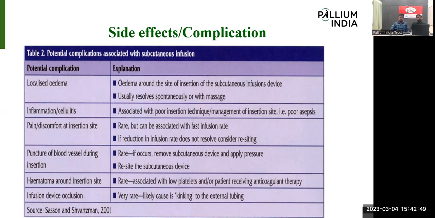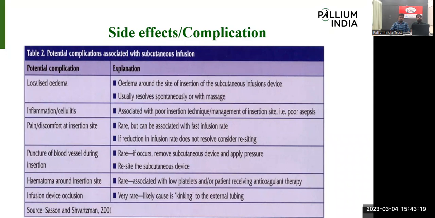Then we need to check whether there is any hematoma around the insertion site. It mainly occurs if the patient has a low platelet level, or is already under anticoagulant therapy, so there is a chance of hematoma formation around the insertion site. It's also very rare. If it happens, that reason is the cause.